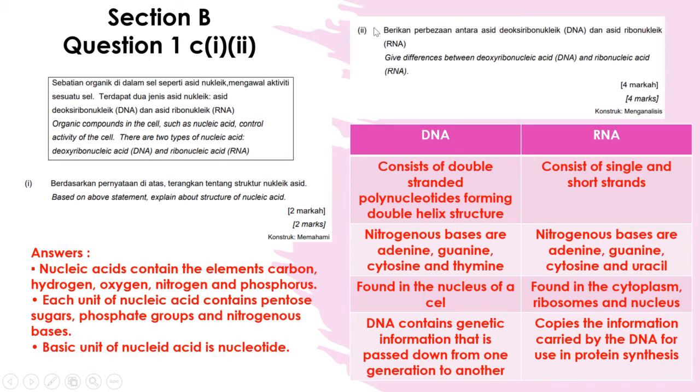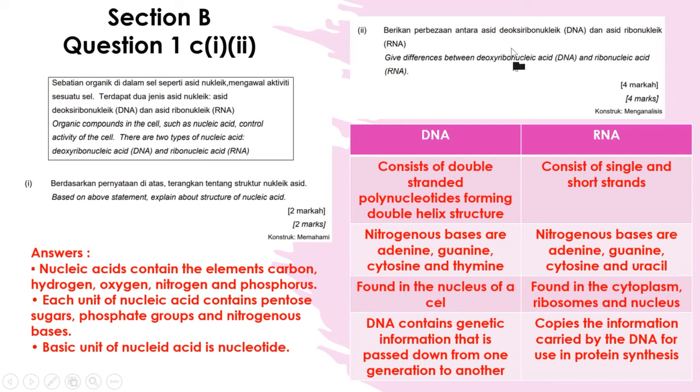Next we go to question 2. Give differences between deoxyribonucleic acid, DNA, and ribonucleic acid. Many of you are still confused with DNA and RNA. Deoxyribonucleic acid, and this one is ribo.